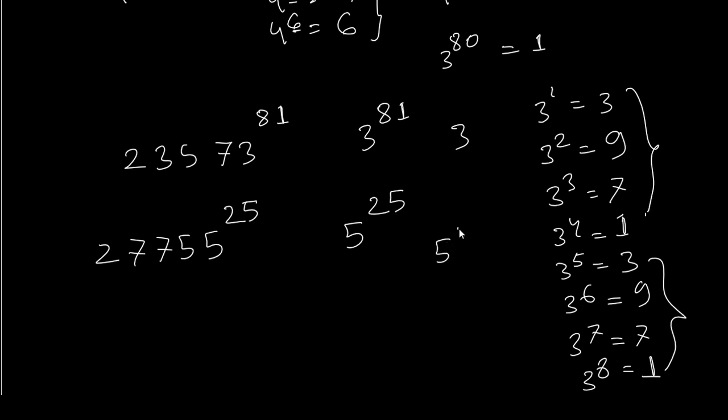So here 5 to the power 1 is equal to 5, 5 to the power 2 is 25, 5 to the power 3 is equal to 125, again the last digit is 5, so over and over. So for 5 to any power, we always get 5 as the last digit. So 5 to the power 25's last digit is 5, so the last digit of this whole number will also be 5.